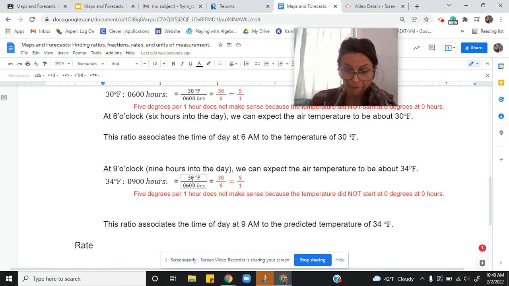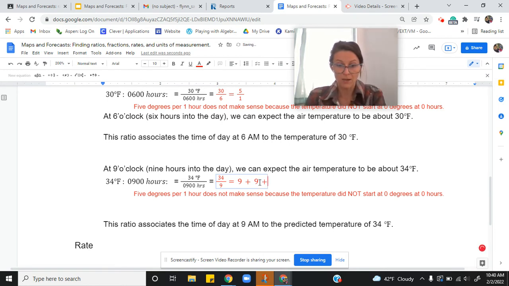So here we have 34 degrees, 900 hours, 34 divided by 9. It's a beautiful opportunity to start making sense of division. The way I do division, I don't rely on long division often. Here, I'm going to think about 9 repeated. So 9 plus 9 plus 9. I am at 3 nines. So that's equal to 3 times 9.